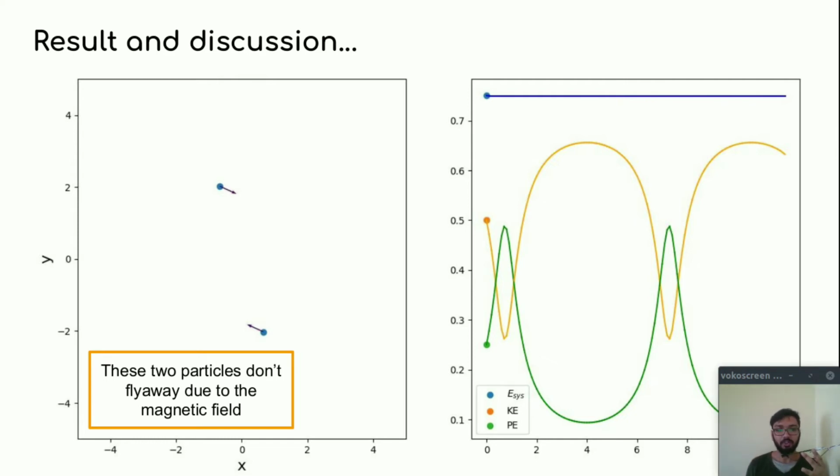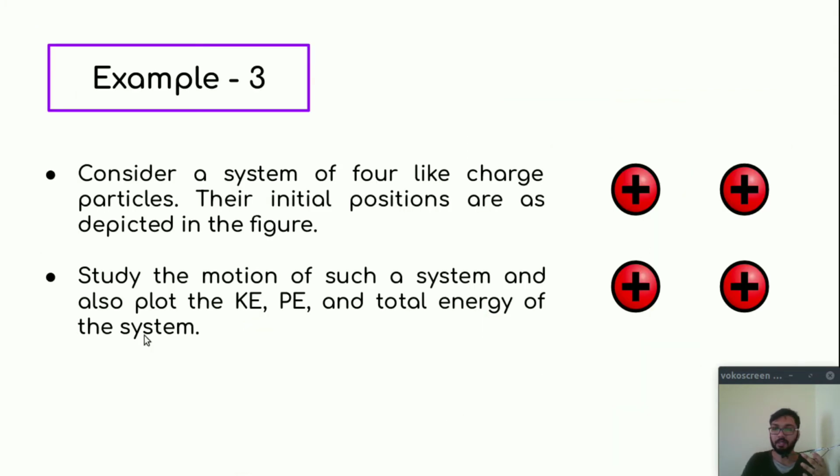Okay, so this we have noticed in this system. Now let's discuss a tougher example, the third example, right? This example says: consider a system of 4 like charged particles. Their initial positions are as depicted in this figure.